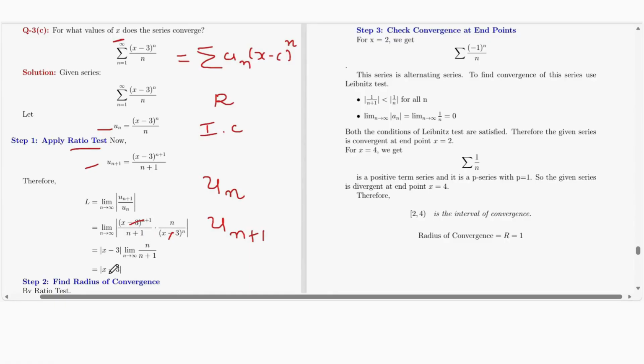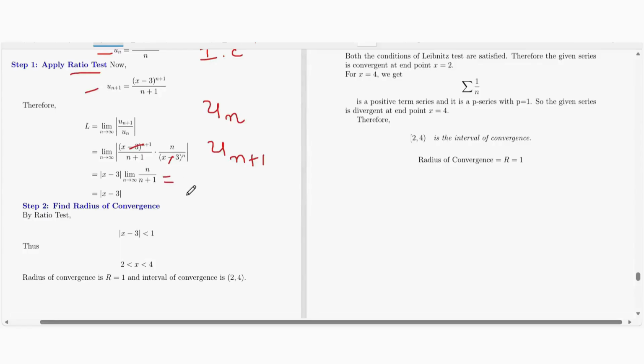So we have x minus 3, and separate the limit: the limit as n tends to infinity of n upon n plus 1. This term is free from n, so we take it outside and apply the limit on this value. Mod x minus 3 times the limit as n tends to infinity; in the numerator n as it is, in the denominator take n common, so we have 1 plus 1 upon n.